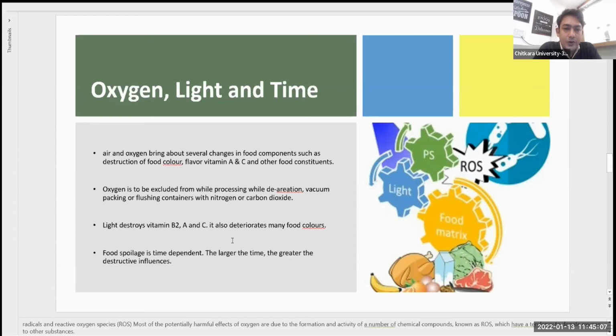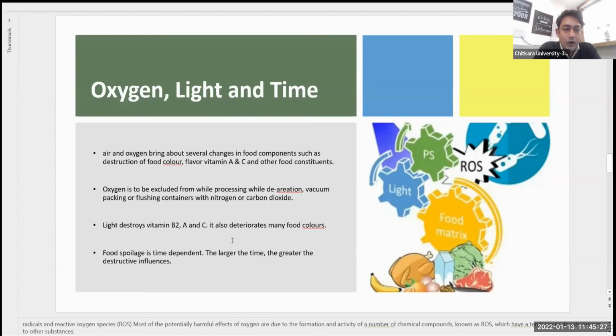Whether you cut an apple or any other fruit, banana or guava or papaya, whatever. Oxygen is the enemy of food product, and when you allow it to combine with oxygen, it will affect the quality of food.